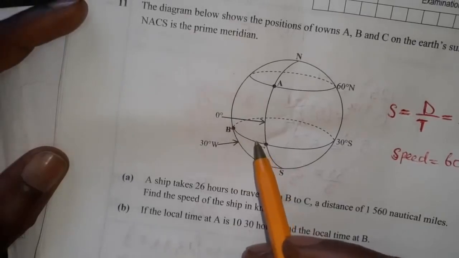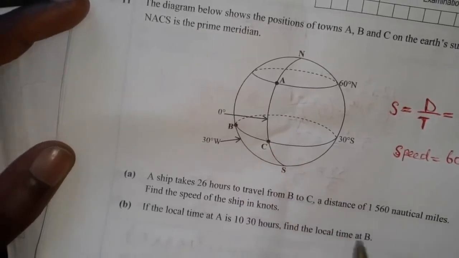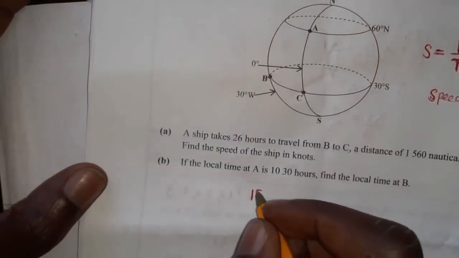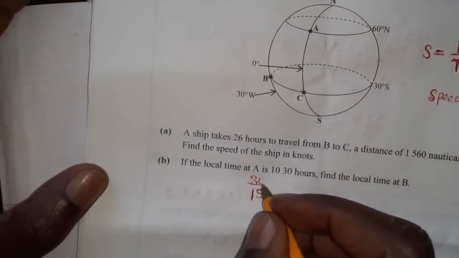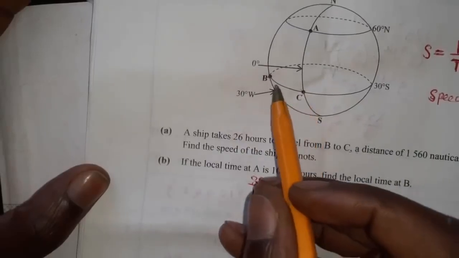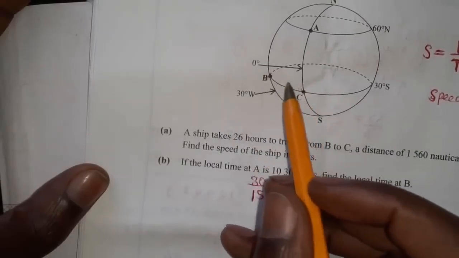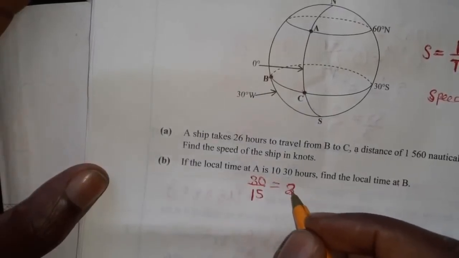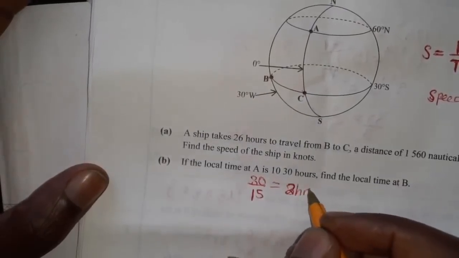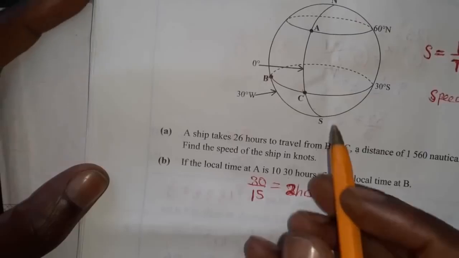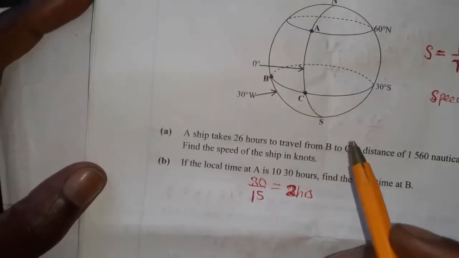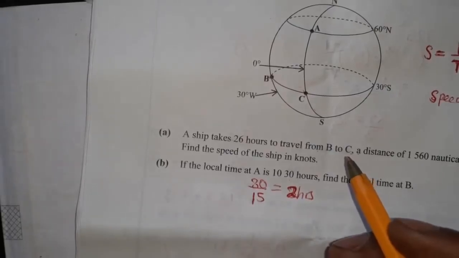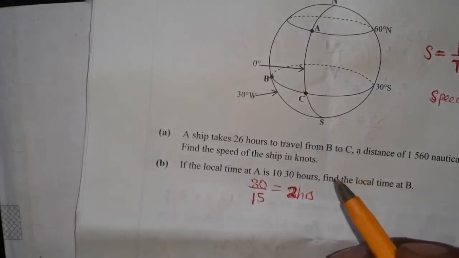So these 30 degrees, you know that every 15 degrees gives us an hour. So you need to divide 30 degrees, because from 0 to this B, it's 30 degrees. When you divide this one, it's going to give you what? 2 hours. So these two places are 2 hours apart, in terms of time.